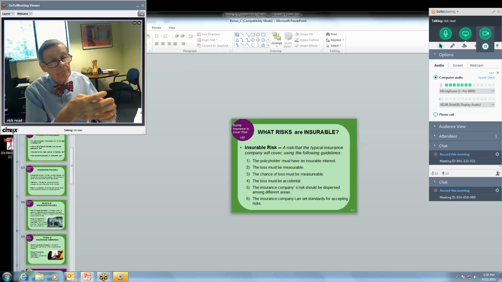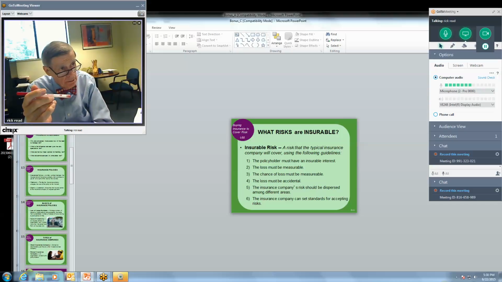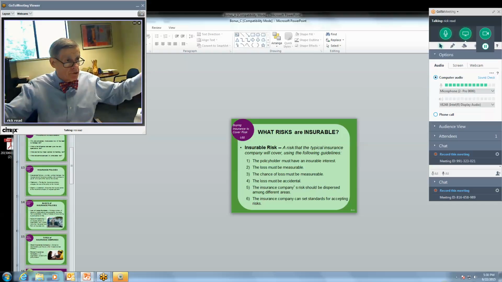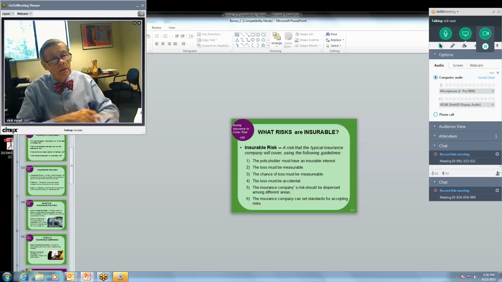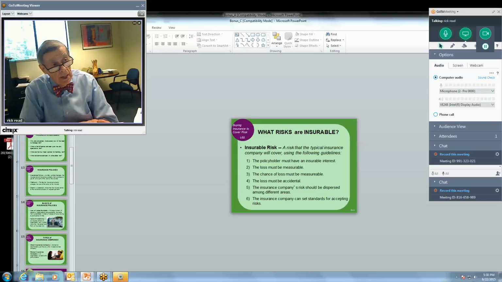The loss has to be accidental, and obviously, the insurance company is going to try to disperse its risk. It spreads that insurance out to other companies, and then the insurance company can set standards for accepting the risk. In other words, you're an automobile driver, and you have a number of moving violation points against your license.